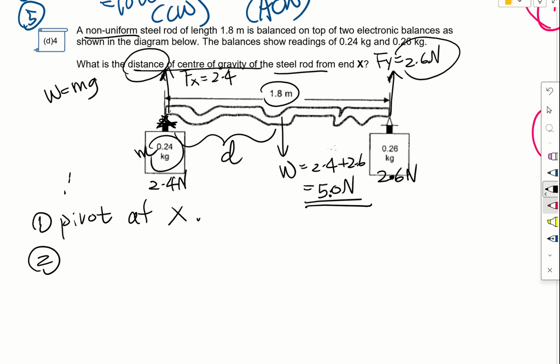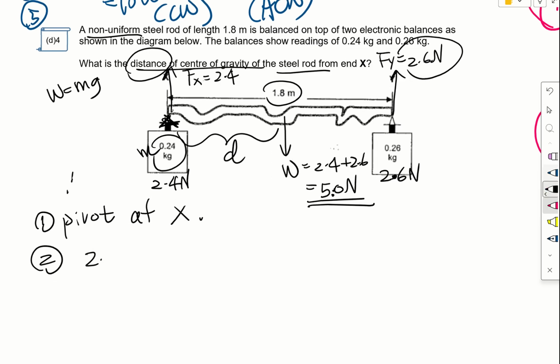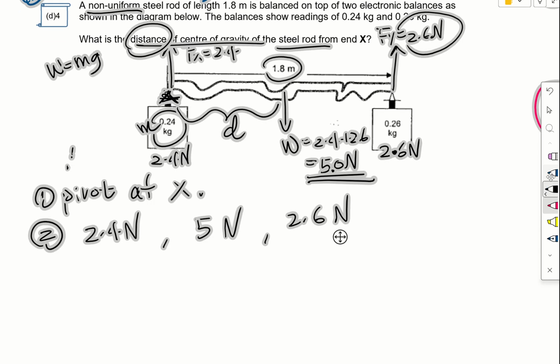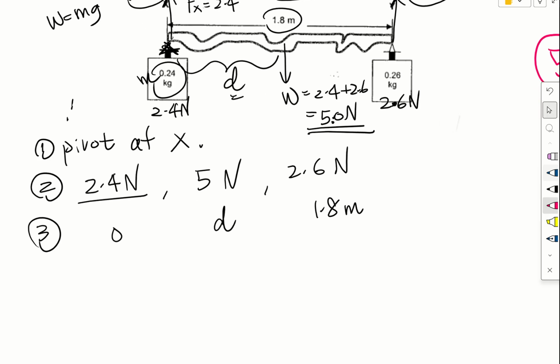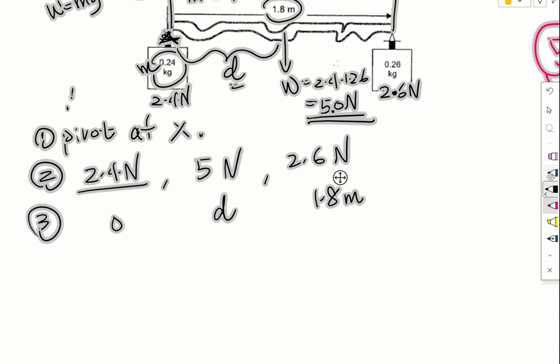Second step, how many forces are there? We have the 2.4 Newton, we have 5 Newton, and we have 2.6 Newton. These are the three forces. For the pivot we chose NX, therefore the perpendicular distance is 0. Step 3, for the 5 Newton, the distance is D, and for the 2.6 Newton, it will be 1.8 meters away. This is the difficult part.